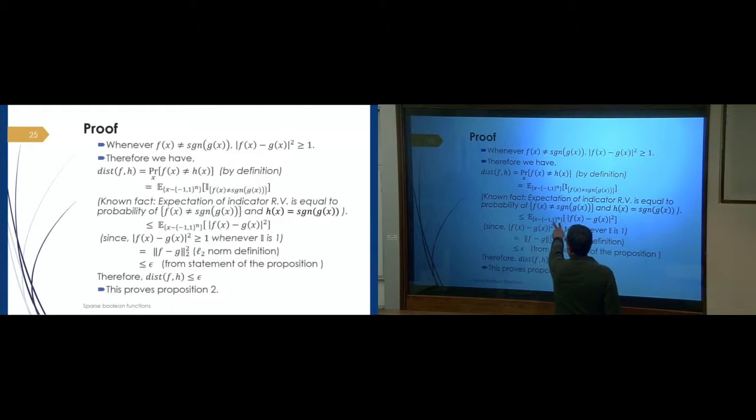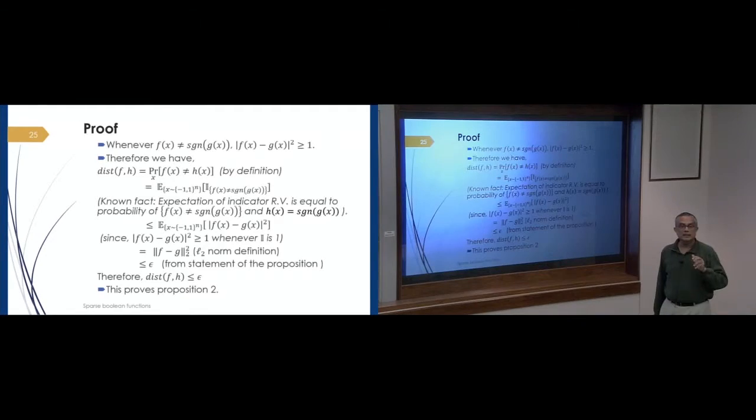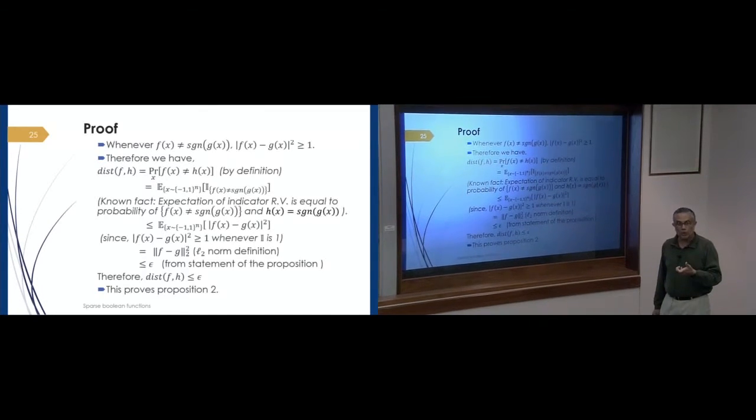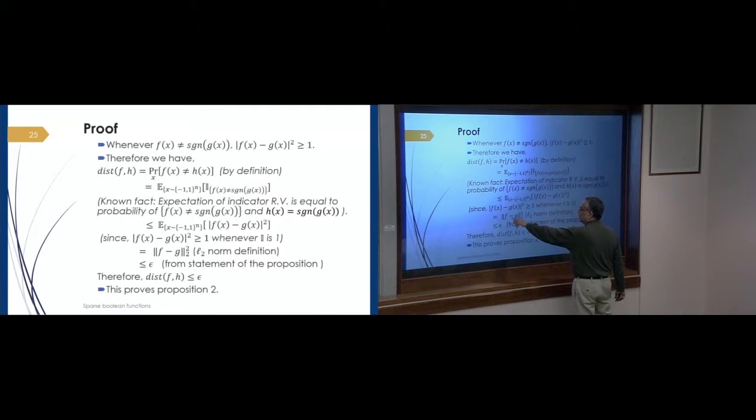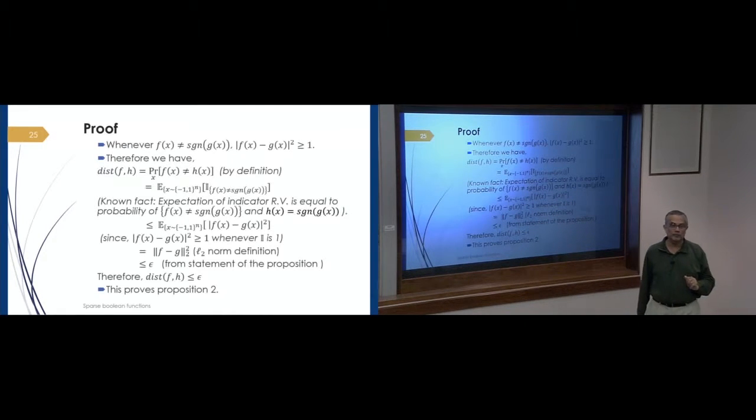So this quantity is the L2 norm, and in the hypothesis of this proposition we assumed that the L2 norm of f with g is bounded by epsilon. With that hypothesis, I can therefore say that this is less than or equal to epsilon, which immediately gives us the relationship between f and h, which is what we are looking for.